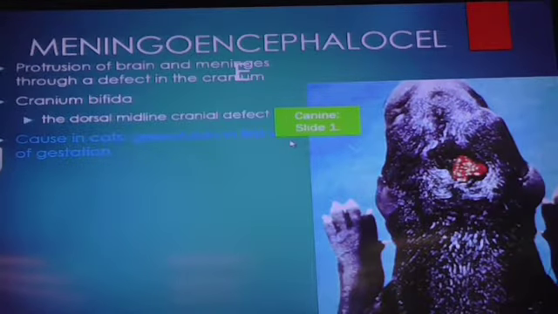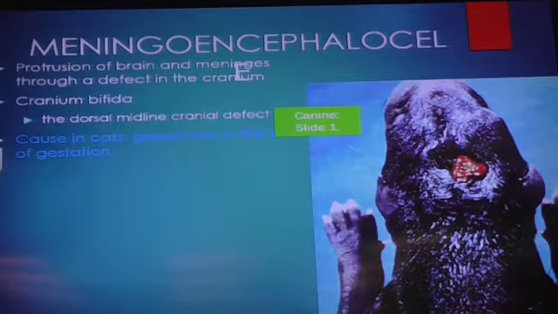One of the causes is giving cats griseofulvin in the first week of gestation. And so what is griseofulvin used for? Ringworm, yes, it's a treatment for ringworm.